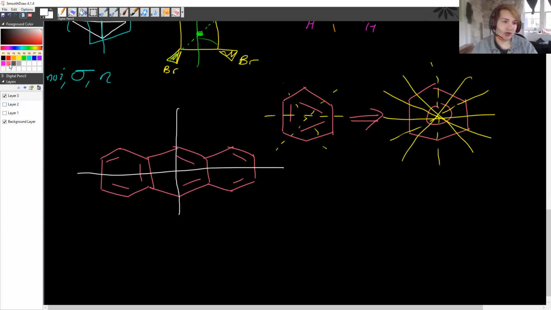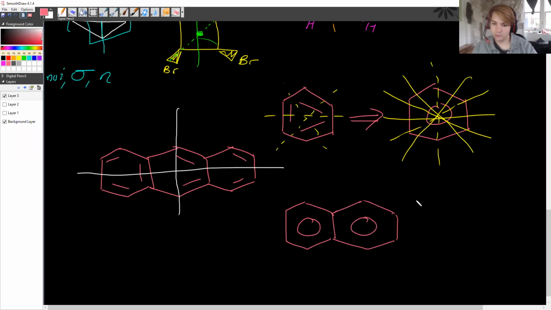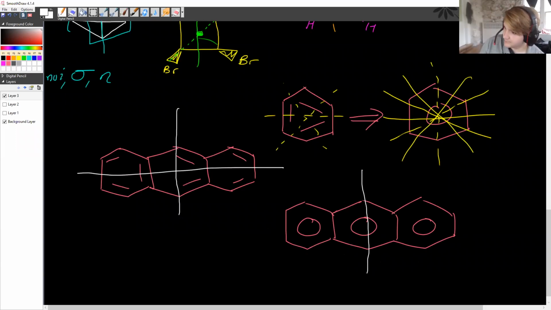But what I want you to know is that these are actually supposed to be delocalized. And because they are delocalized, we can see, in fact, that there is another plane of symmetry there. So that is the only time you are allowed to write the circles, if you must write the circles.